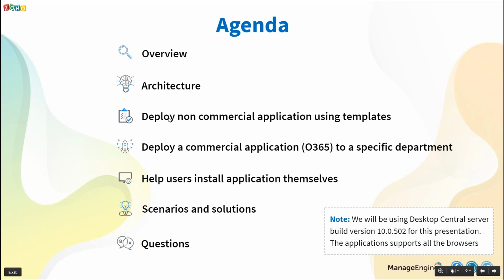With regards to software deployment, which is what today's session is about, we will look at some scenarios, including how to deploy a commercial application and a non-commercial application using Desktop Central. Also, how to help the end user install software themselves using a feature called Self-Service Portal. We will also discuss some frequently asked questions with respect to software deployment.